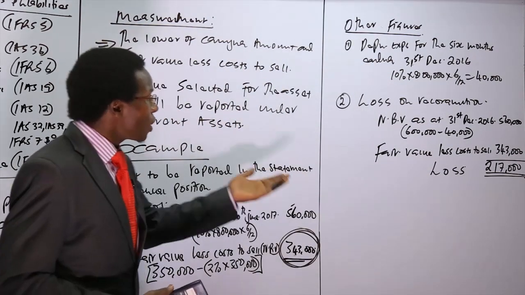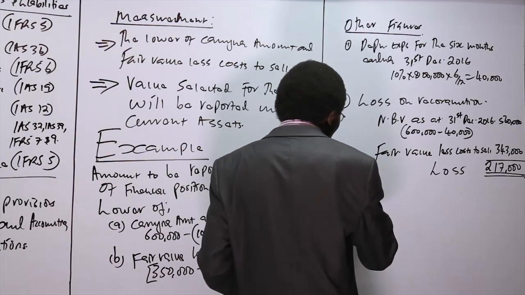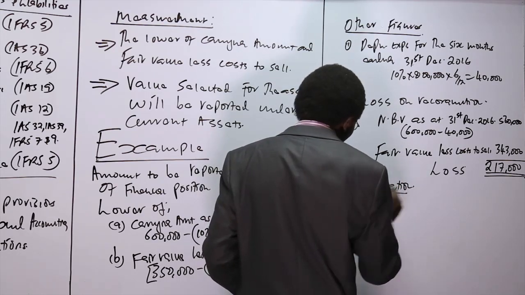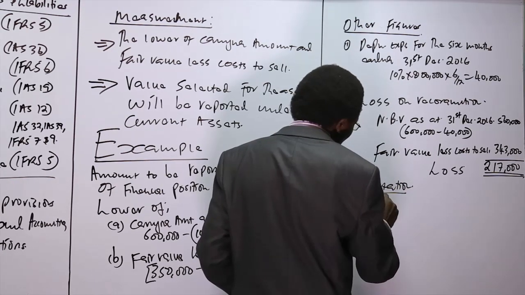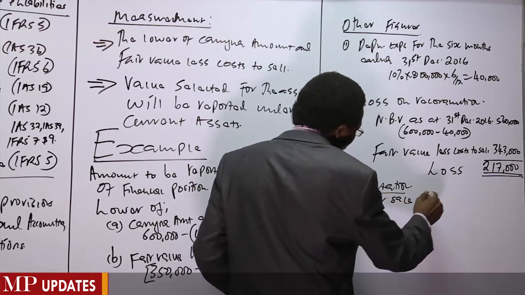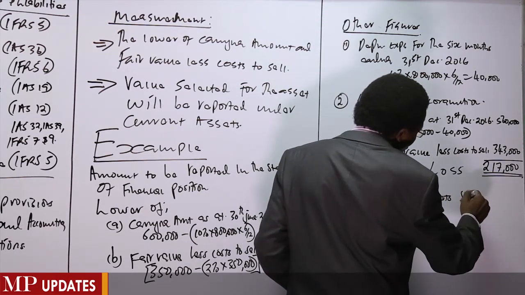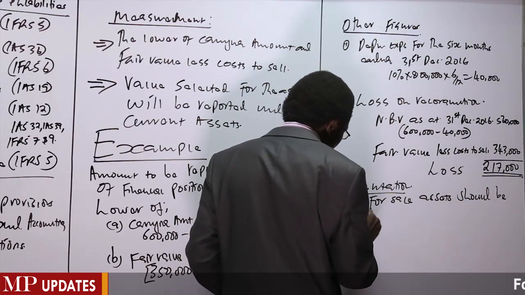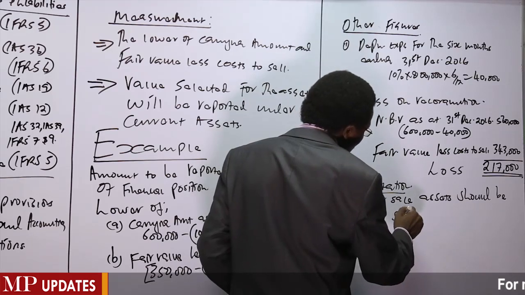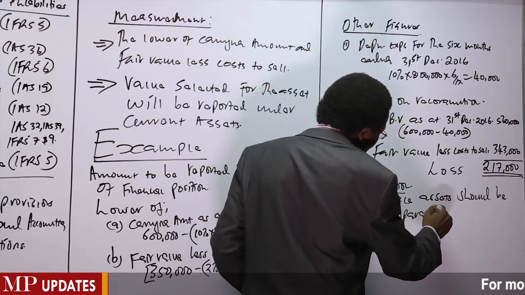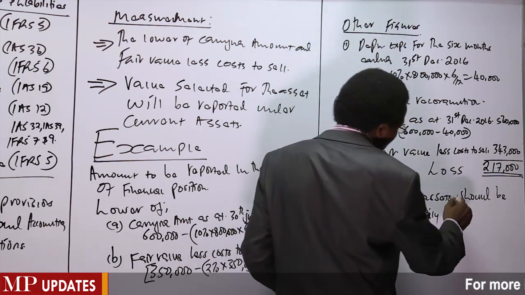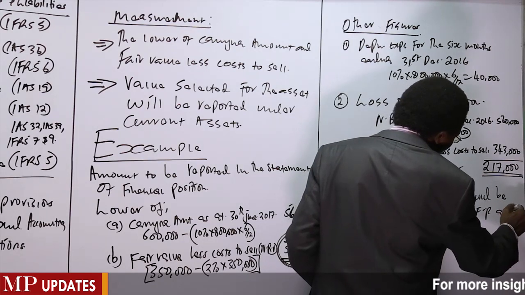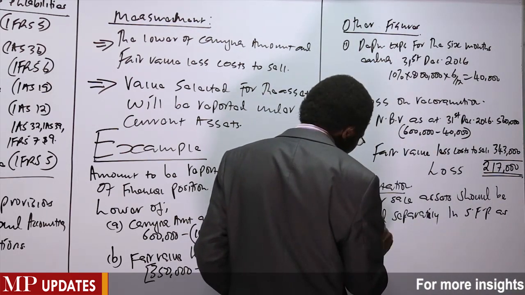Then presentation. Don't forget, when it comes to the presentation, held for sale assets should be presented separately in the statement of financial position as a current asset.